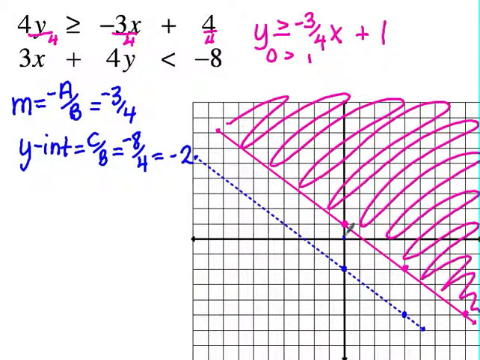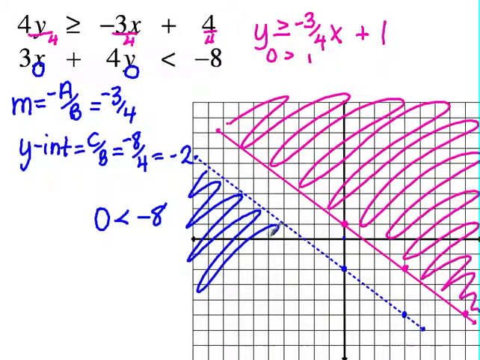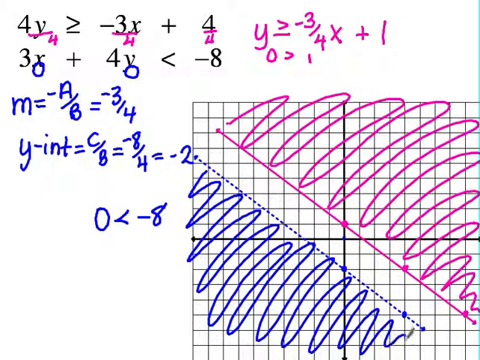So 0, 0 means I'm going to plug in 0 for x and 0 for y. So what do you get on the left side? 0. Is that true? No. So which way do you shade? Left. Down. Yep. So what do you know about this? This one has no solution, because there's nothing in common.